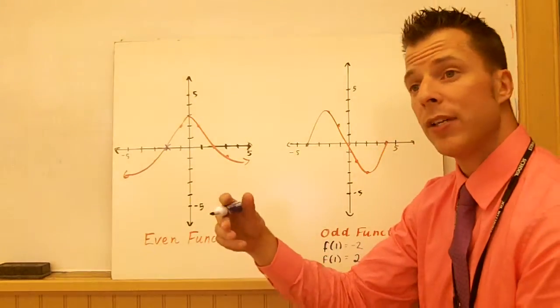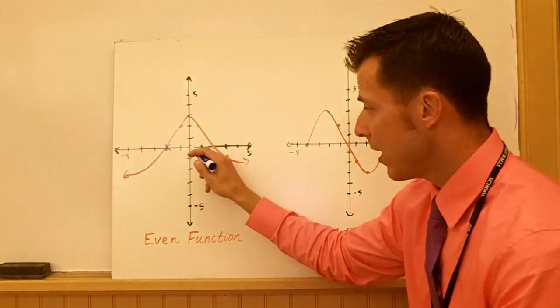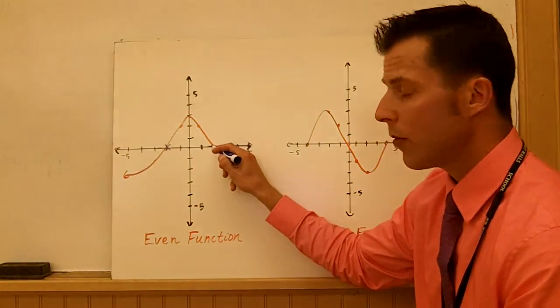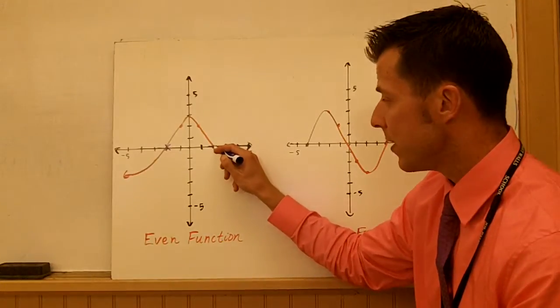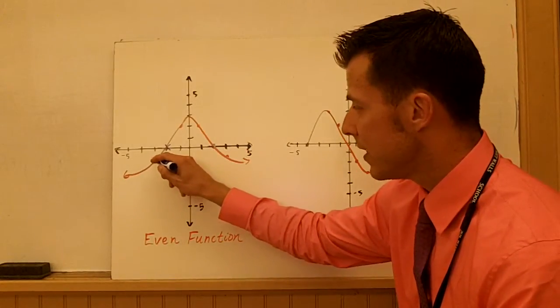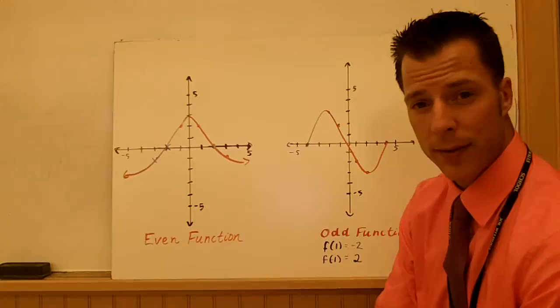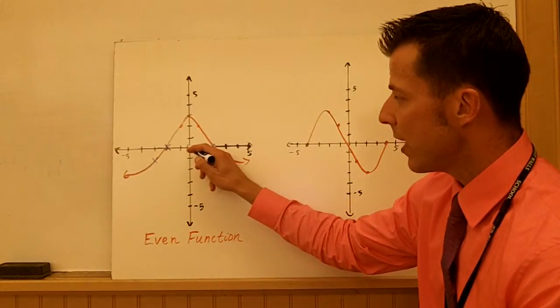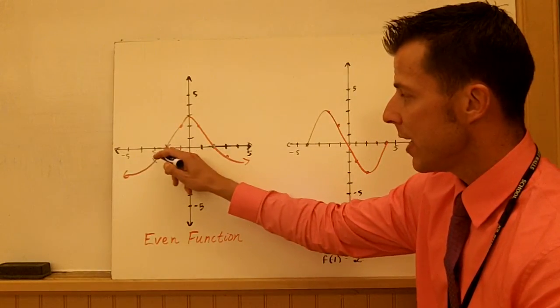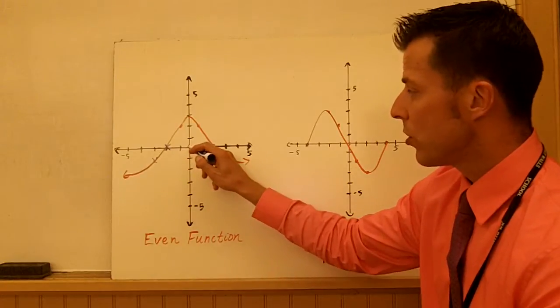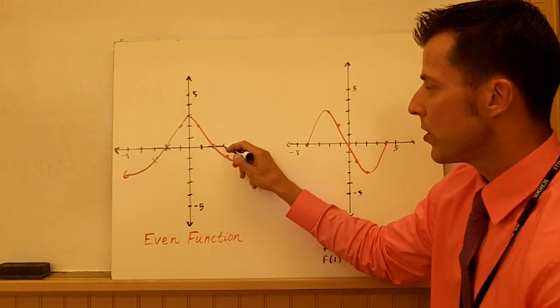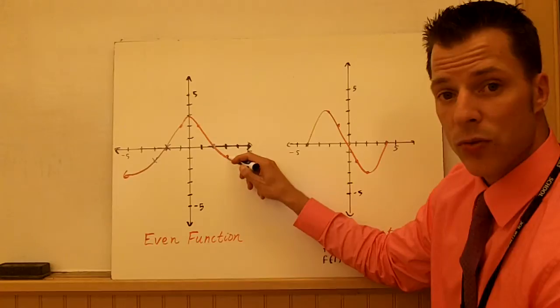In order to have an even function, I would have to go 2 to the right, and my y value would still be 0, and it is. Let's look here. This is negative 3, negative 1. So 3 units away on the left from the y-axis, and down 1, I have a point. So there better be a point 3 units to the right, and 1 down as well.